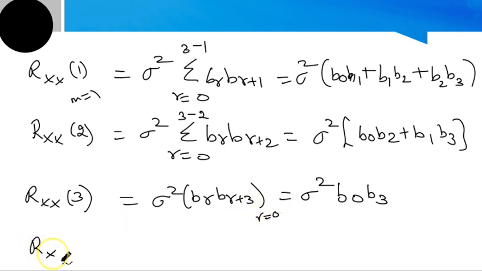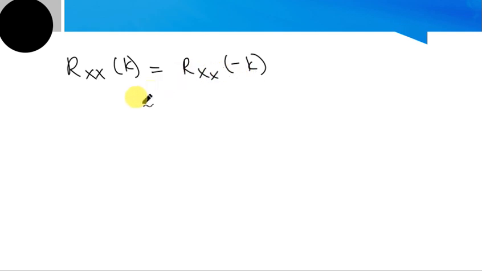In general, let us go for an Rxx of k, that is autocorrelation function with tau equal to k. We know that this value is 0 for all k greater than 3. Moreover, our autocorrelation function is an even function, so Rxx of k is equal to Rxx of minus k.